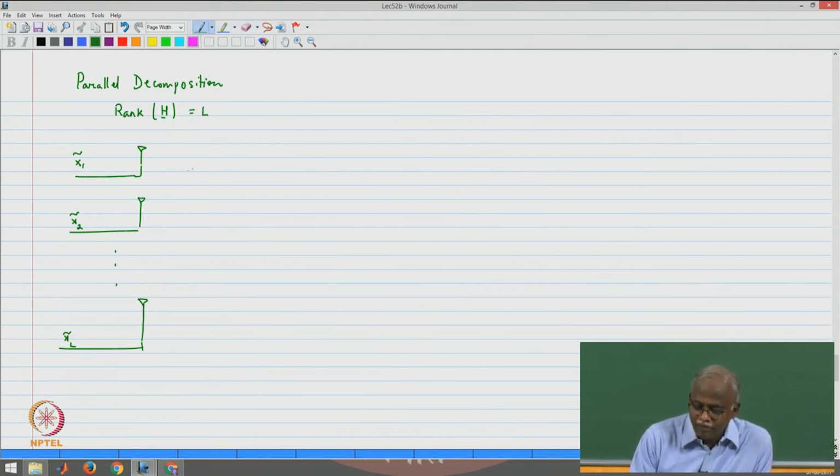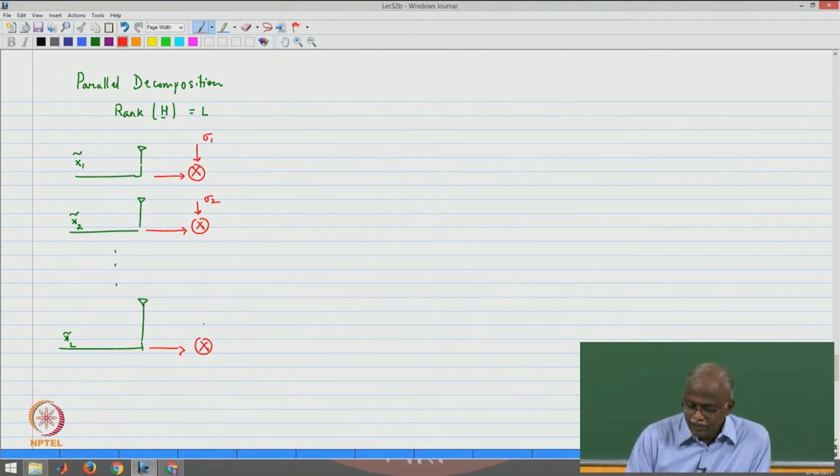For example, the first antenna experiences a gain which is proportional to sigma 1. Think of the gain as a multiplicative term represented by sigma 1. This signal now has a multiplicative factor sigma 2, and the Lth antenna has a multiplicative gain given by sigma L.